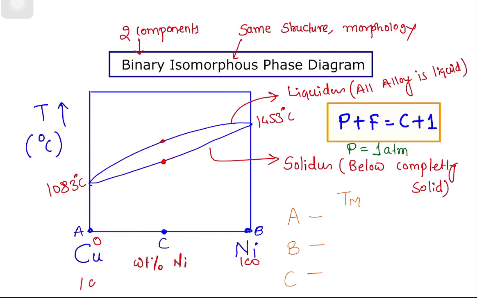Similarly for copper it will decrease from 100 to 0%. The melting point of copper is 1083. The melting point of nickel is 1453. If we make different compositions of this and take a cooling curve and plot a graph from that, the phase diagram will look like this.